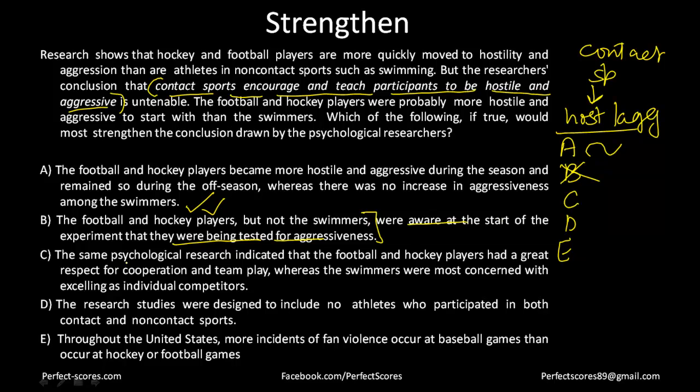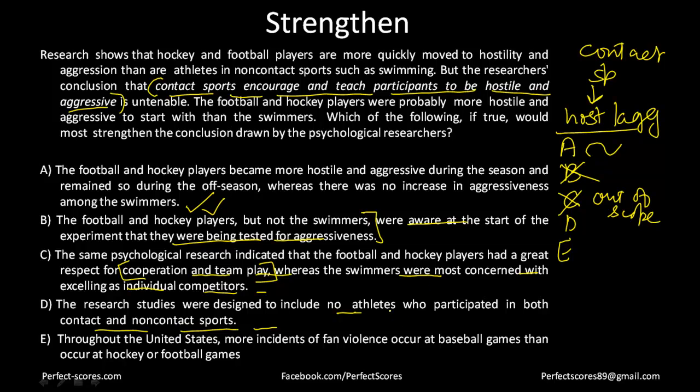C says the same psychological research indicated that the football and hockey players had a great respect for cooperation and team play. The swimmers were most concerned with excelling as individual competitors. Now team play and cooperation has nothing to do with being hostile and aggressive, so C is totally out of scope. D says the research studies were designed to include no athletes who participated in both contact and non-contact sports.